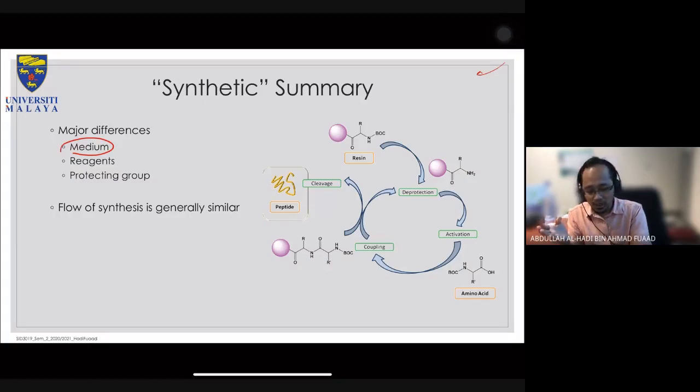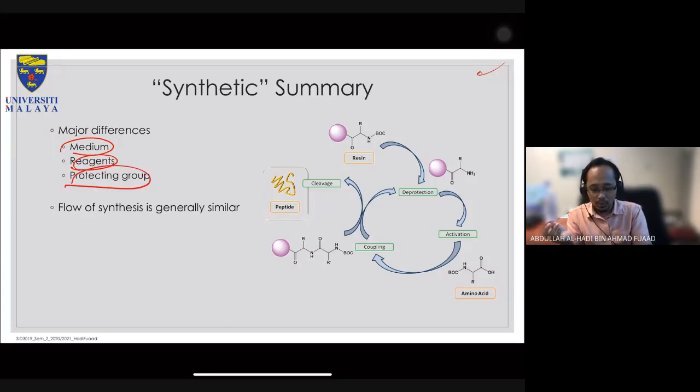If you go back and see, one is using N-methyl and chloroform, the other is using DMF, and of course you can actually use water. The example I showed just now was not water, it was chloroform, but you can use water. And of course the protecting group.